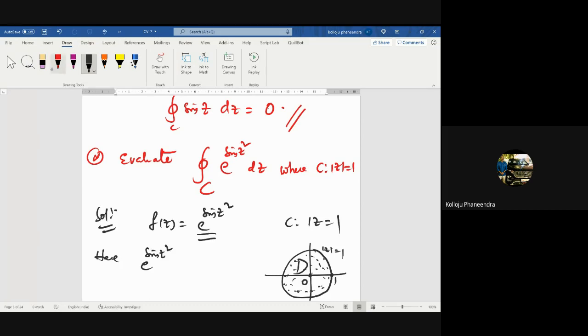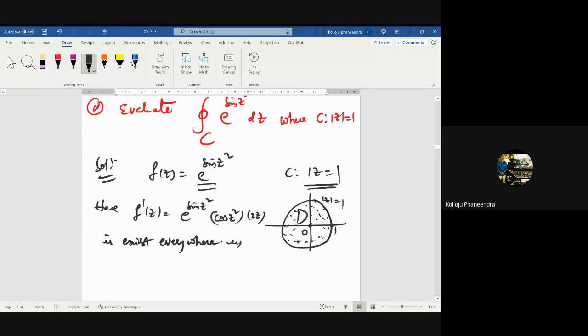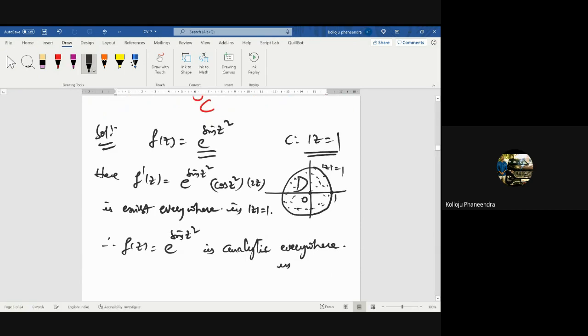For example, if I calculate f dash z, it is e to the power of sin z square, times the derivative of sin z square, which is cos z square, times the derivative of z square, 2z, which exists everywhere in mod z equal to 1. Therefore, f of z equal to e to the power of sin z square is analytic everywhere in D.